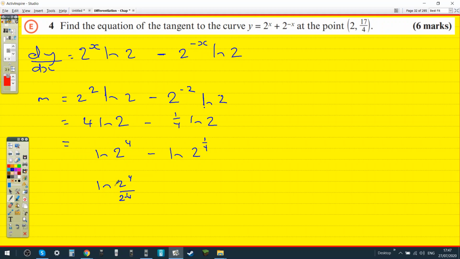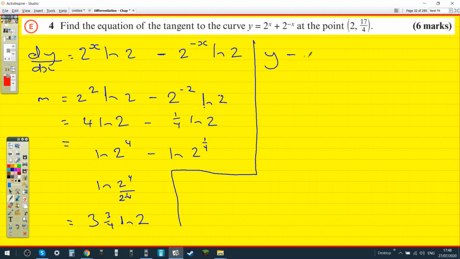That doesn't give you an exact answer, but 4 minus a quarter is 3 3/4. So you could just do 3 3/4 ln 2. I think that's fine. And then y equals 3 3/4 ln 2 x plus c.